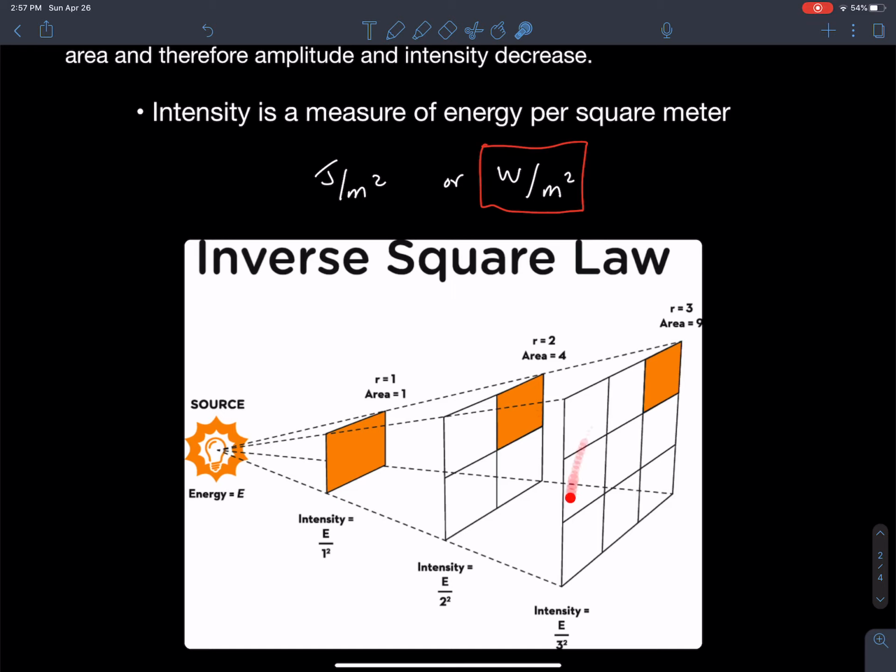And then it'll be diluted, if I went 3 meters, by 9. So the intensity of light is proportional to 1 over r squared. That's what the inverse square law relationship means. As I double my distance, the intensity is going to go down by 1 over r squared. So it gets significantly reduced.